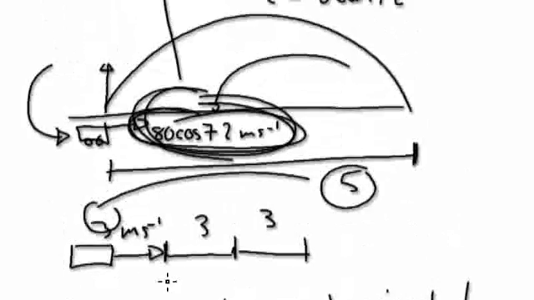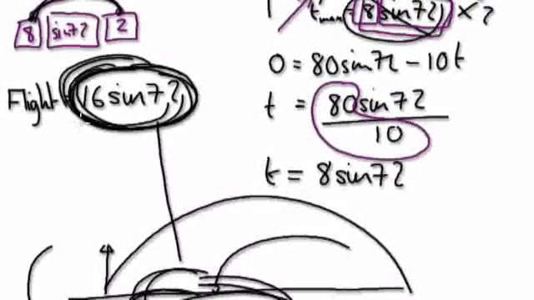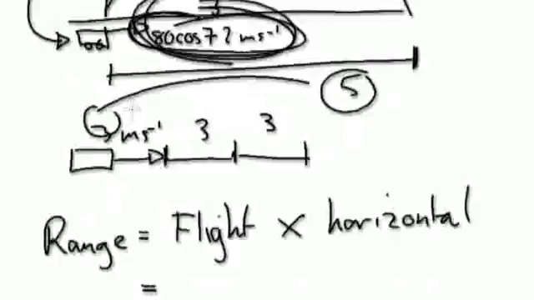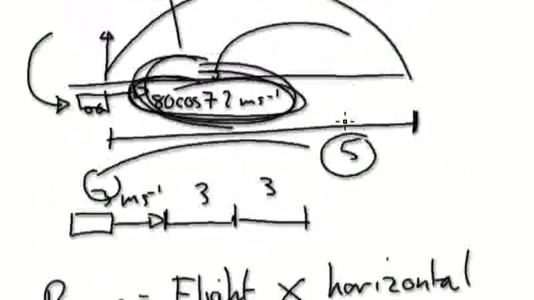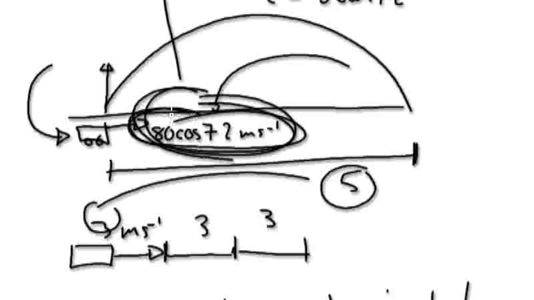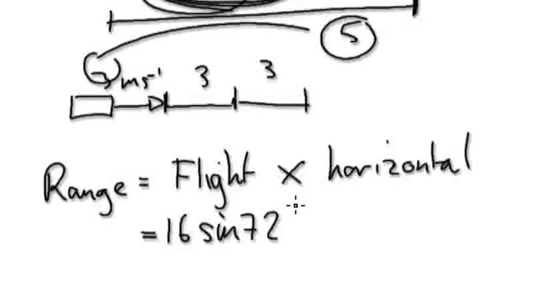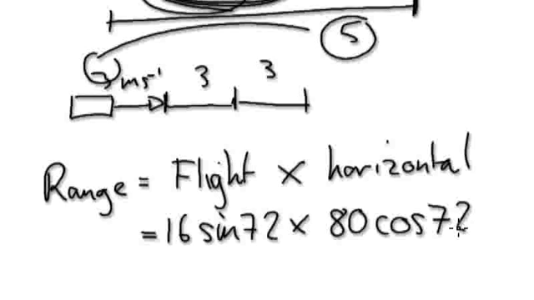So the flight time is this thing here, 16 sine 72. So flight time is 16 times sine 72, and the horizontal speed is 80 cos 72. Okay, so times 80 cos 72.